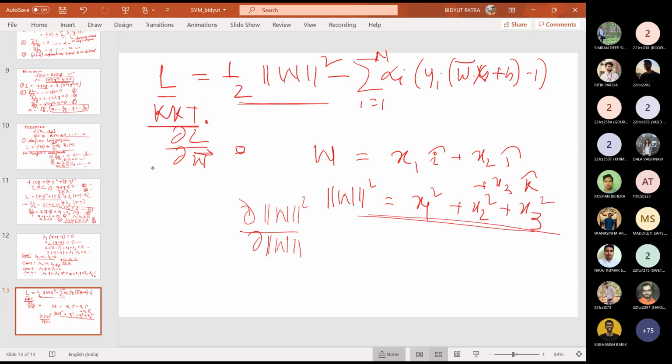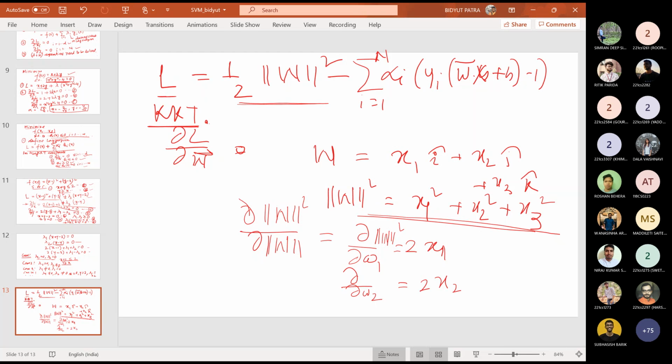So what you have to do is, for w1, the first component, this will be 2x1. Similarly, for the second component, del w2, you will get 2x2.